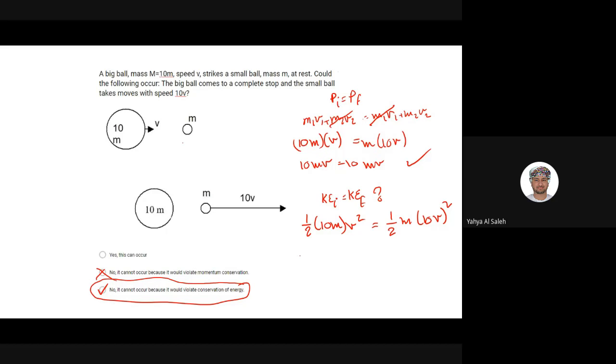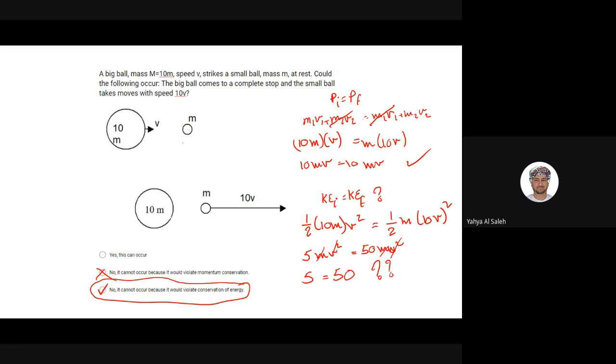This will end up being 5 mv squared. This will become 50 mv squared. I will take the v squareds away, the m's away, and we will get 5 equals 50. Is this possible? This is not possible. So this cannot occur because it would violate conservation of energy.